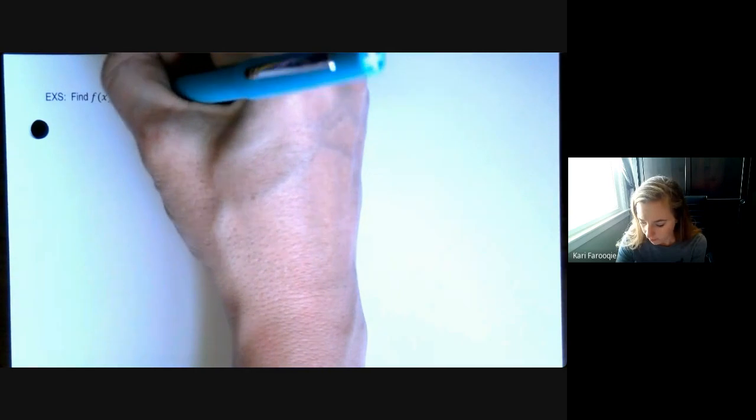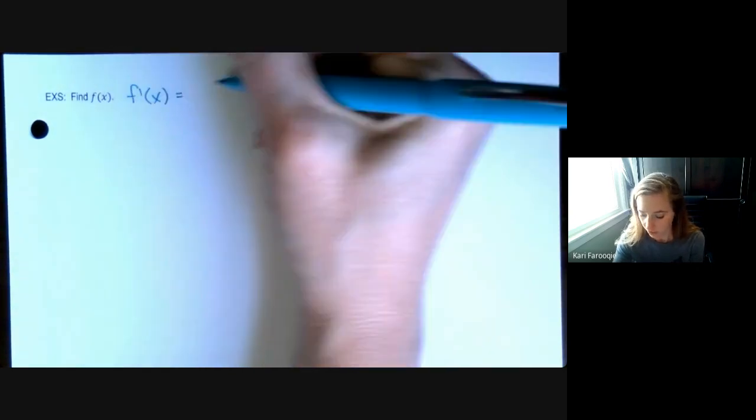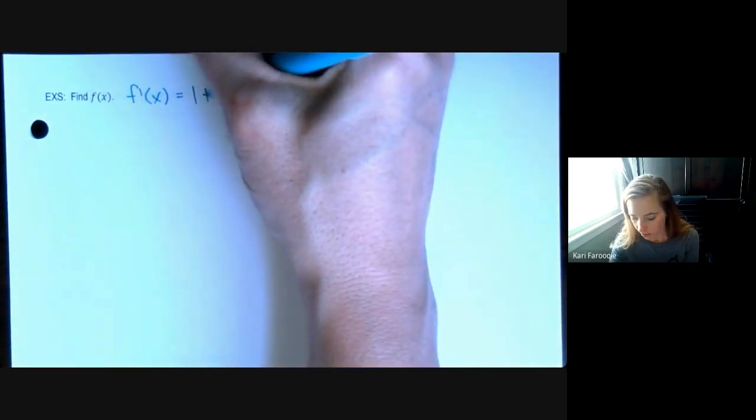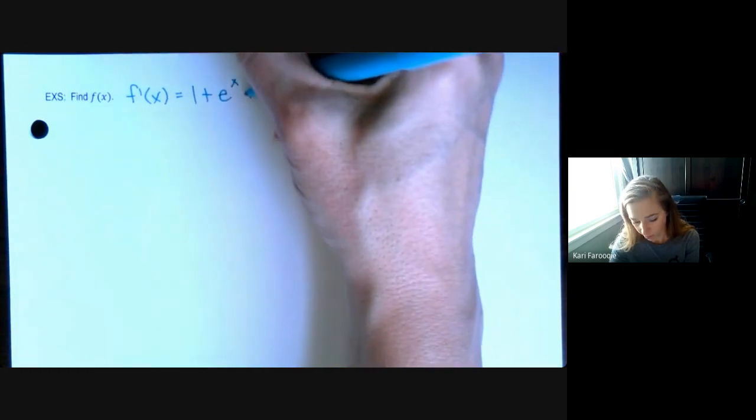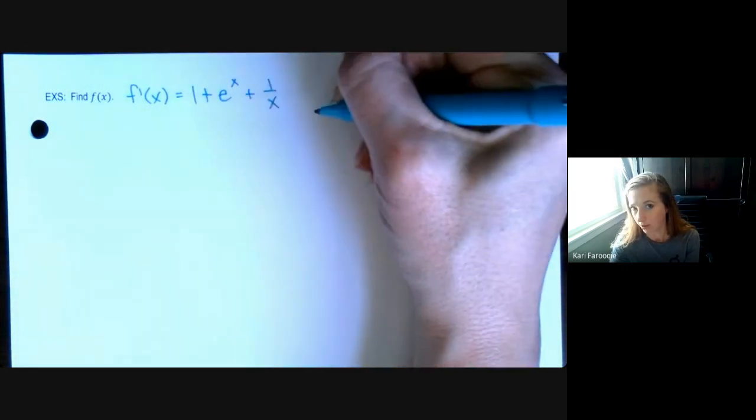All right, let's see. Find f of x. So I'm going to give you the derivative f prime. F prime of x is 1 plus e to the x plus 1 over x.